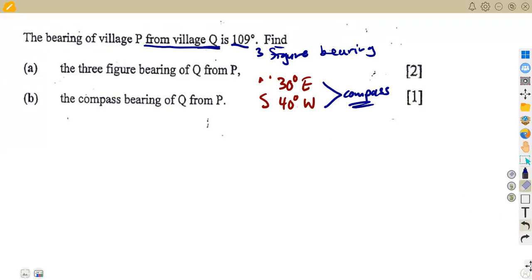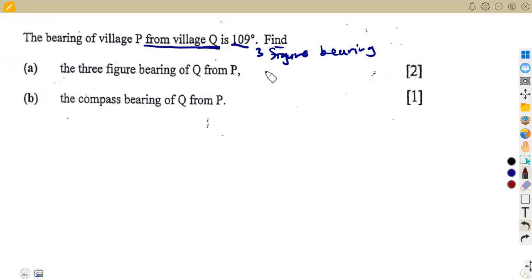All right. So what is the concept of 3-figure bearing? It is always taken from the North Pole in a clockwise direction.